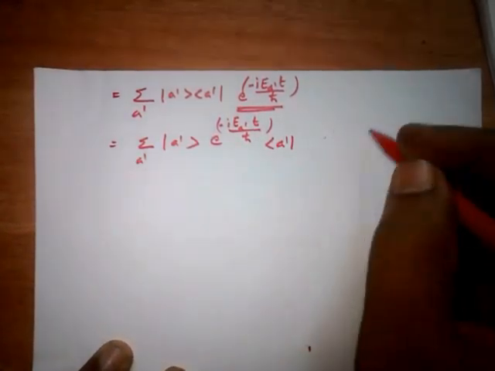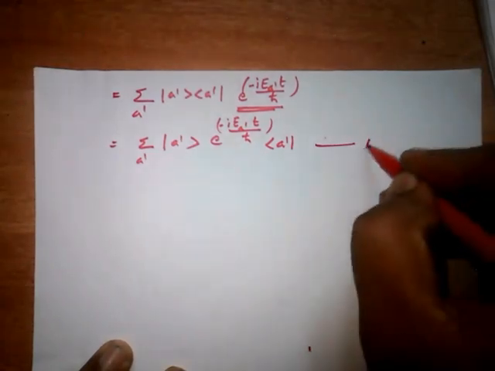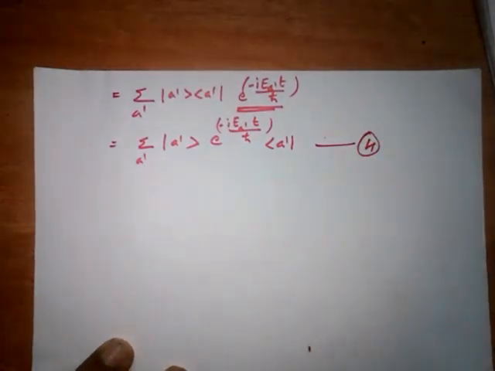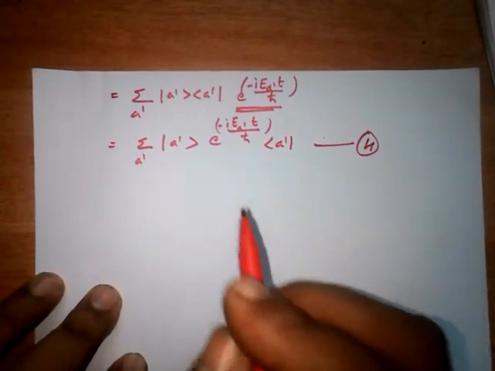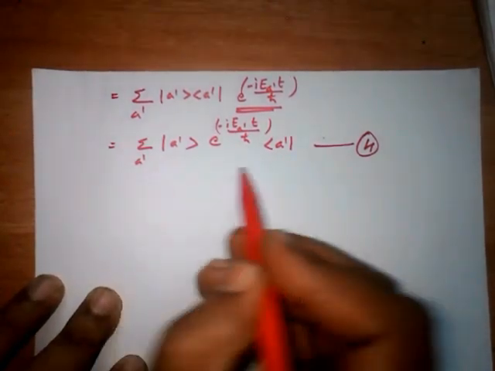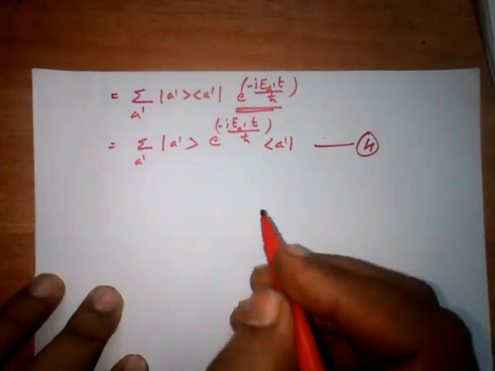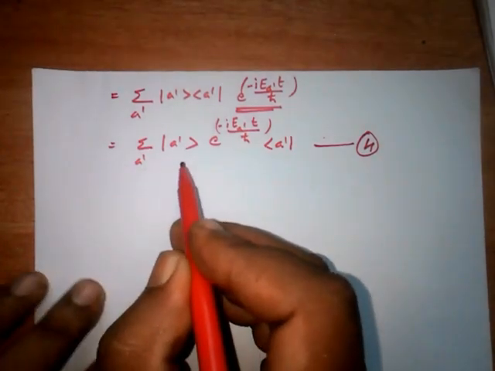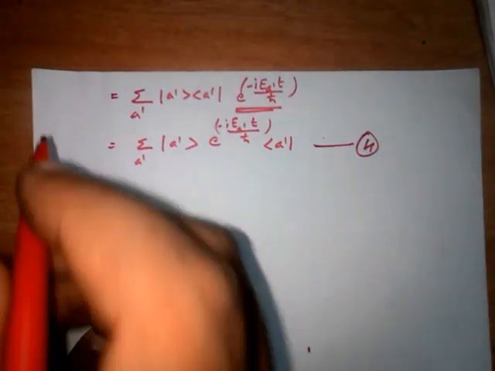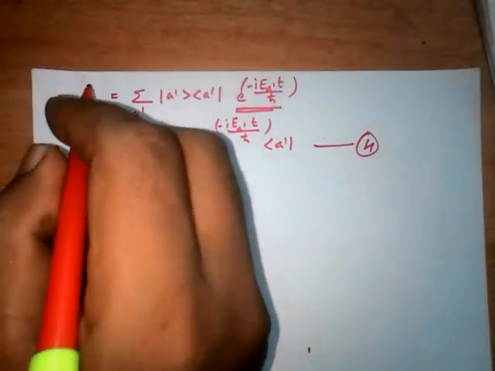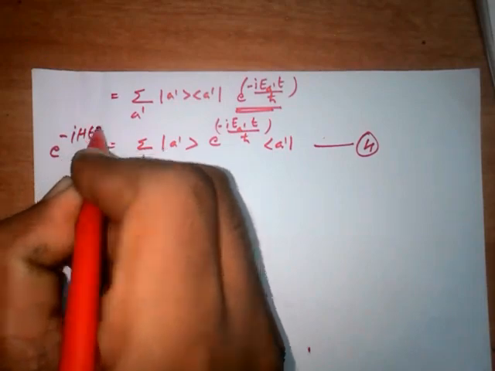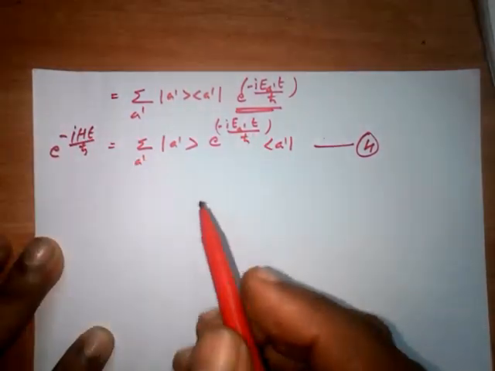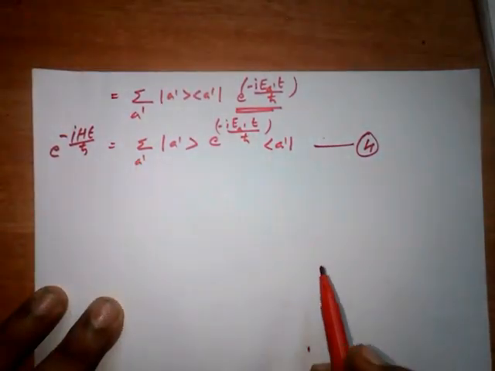Let's give a number to this equation. This is equation 4. Three equations we have already mentioned. The importance of this equation is that this enables us, actually this is e raised to minus iHt over h cross, this is the form of an operator.